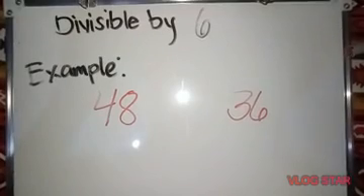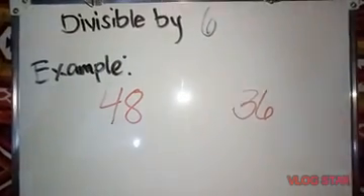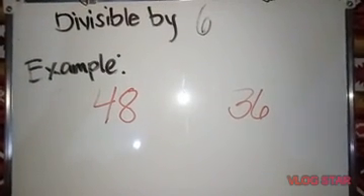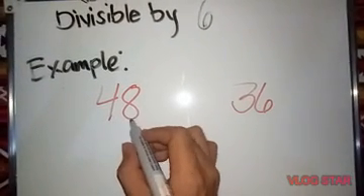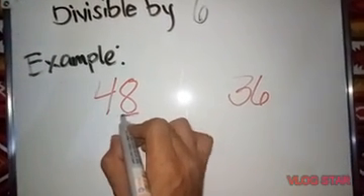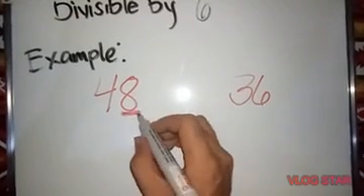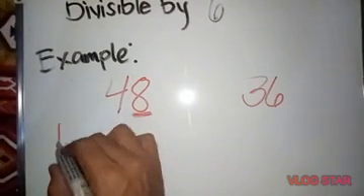Next is divisible by 6. A number is divisible by 6 if it is divisible by 2 and 3. So 48. The ones digit is 8, so it is divisible by 2.